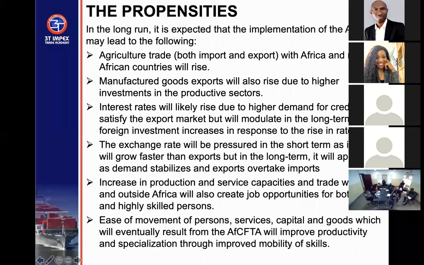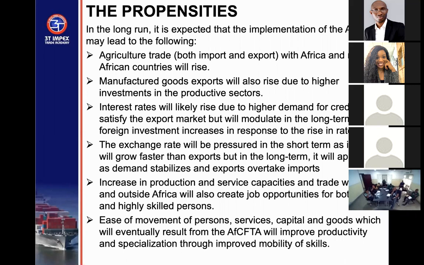In the long term, agriculture will grow because it's expected we should become more industrialized and we are going to begin to consume our raw materials. Manufacturing will increase also because of increasing investment in the productive sector.